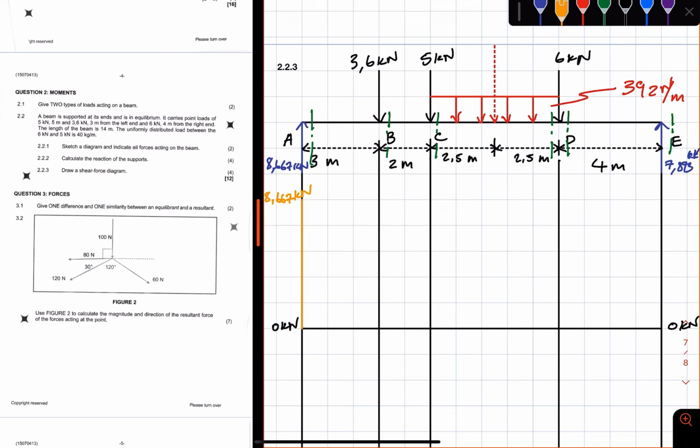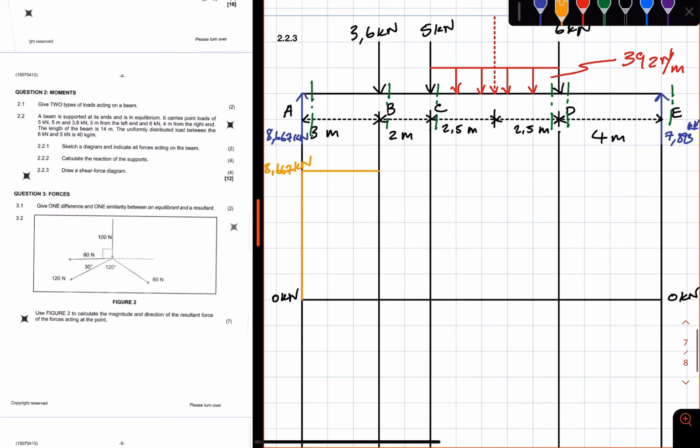So now we move on to section B. Because between section A and section B there is no UDL, you draw a straight line going across, right?